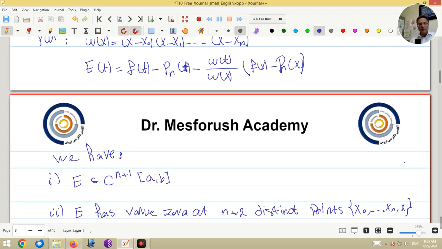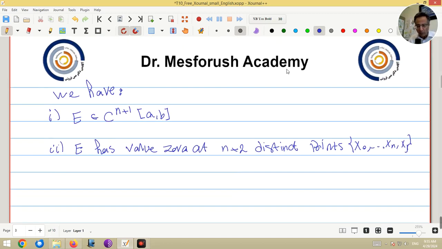If you put, for example, some xi here and compute e of xi, this will be f of xi minus Pn of xi, which is 0, and the w term will also be 0, and everything is okay. And if you put x, you will have f of x minus Pn of x minus w of x over w of x cancel, times f of x minus Pn of x, which is 0. So our two facts are true.